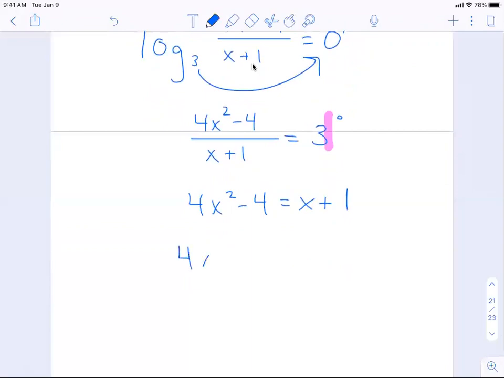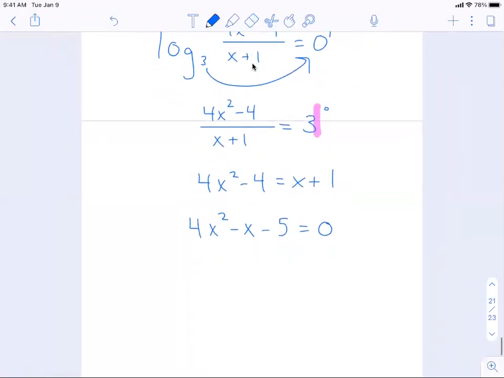So I'll move stuff over to the left. Oops, I didn't subtract correctly. So I get 4x squared minus x minus 5 is equal to 0. Then we can use the quadratic formula or try to factor.